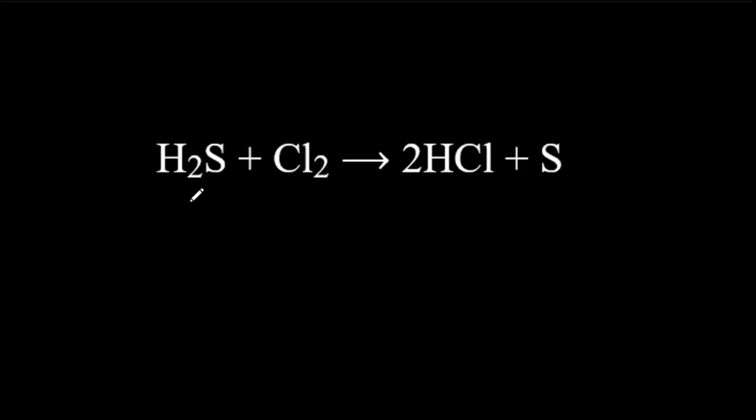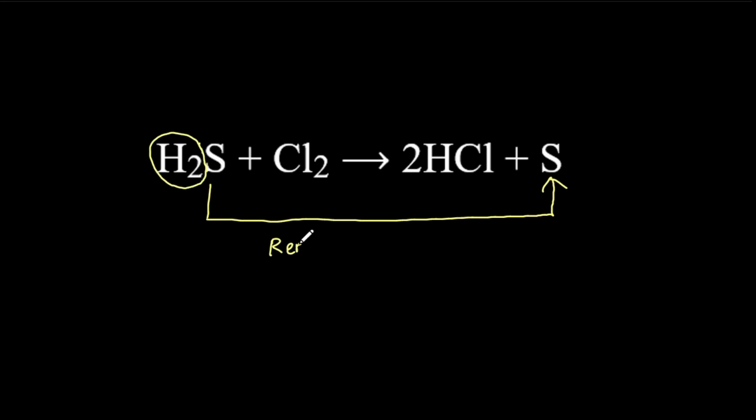See this equation, H2S plus Cl2 gives 2HCl plus S. See the first compound, H2S. Let us see the sulfur atom. Hydrogen sulfide is converted to sulfur. So clearly we can see there is removal of hydrogen. Let us see the previous definition.